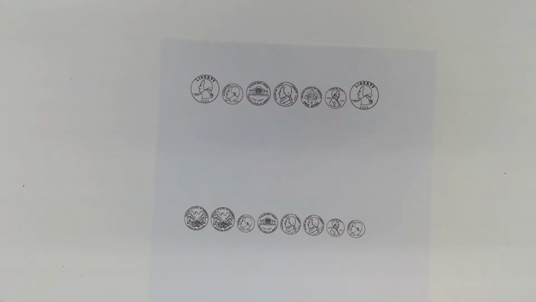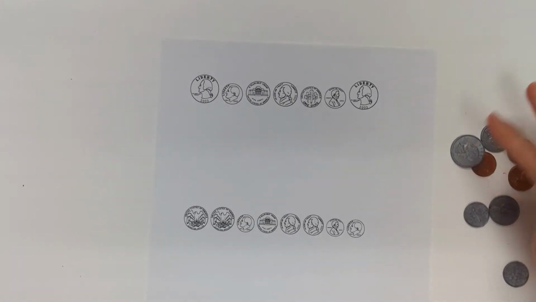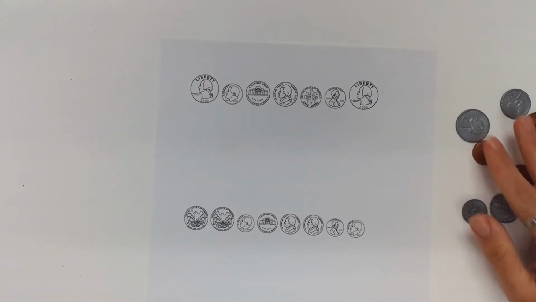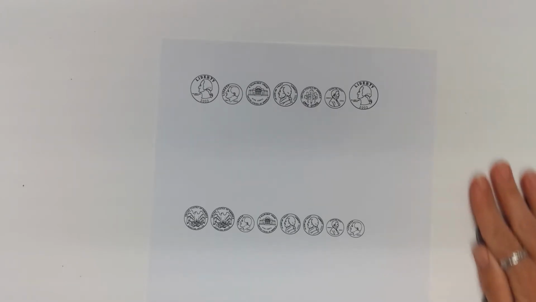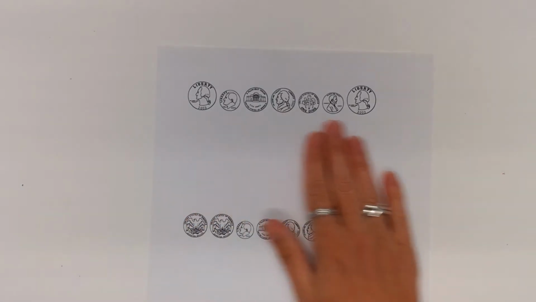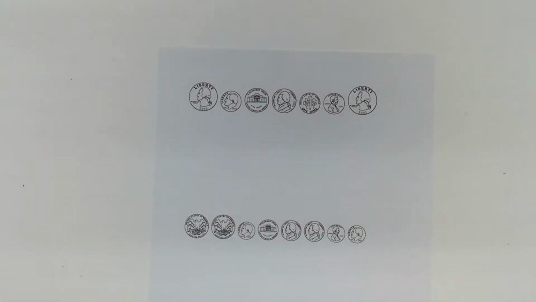In second grade, we're also going to find that the students are going to have to find the value of a collection of coins, but it's going to be more of a picture model than using the actual coins. So we want students to transfer from counting the actual coins and being able to move them and manipulate them to counting the coins when they're on paper and we can't reorganize them.